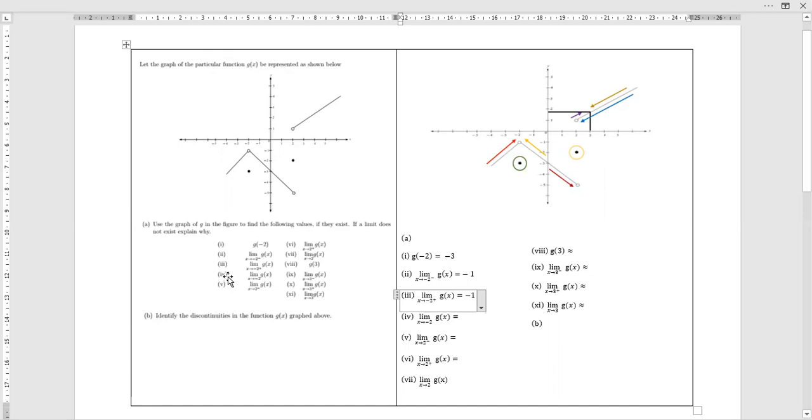Now the fourth question says, what is the limit of this function g of x as x approaches -2? So here is the catch. For the limit of this function to exist, the limit as x approaches -2 from the left-hand side and the limit as x approaches -2 from the right-hand side must be equal, must be the same.